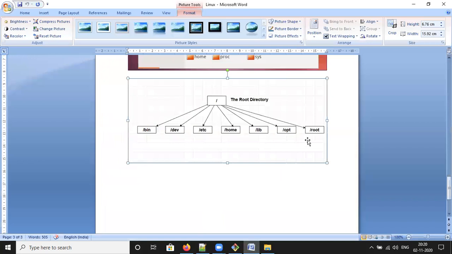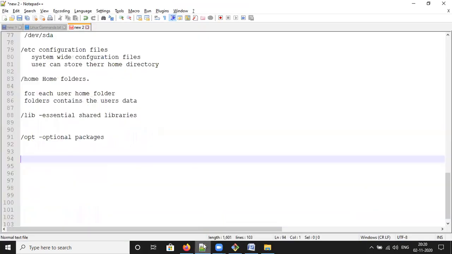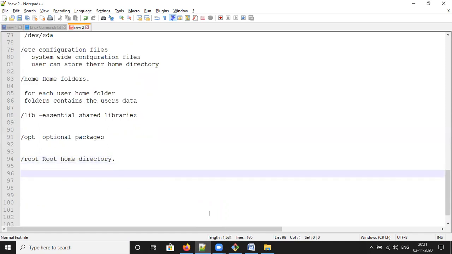The next one is /root. What is meant by /root? The root user's home directory.